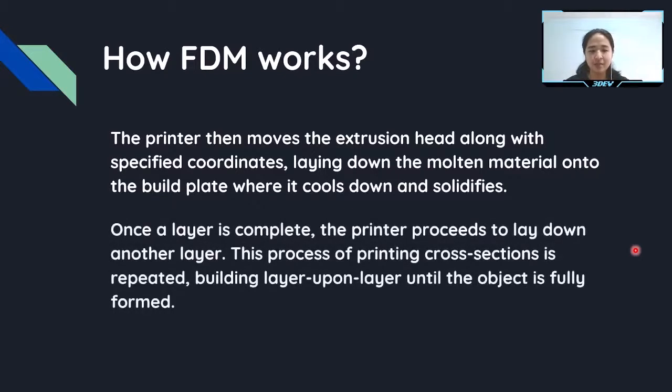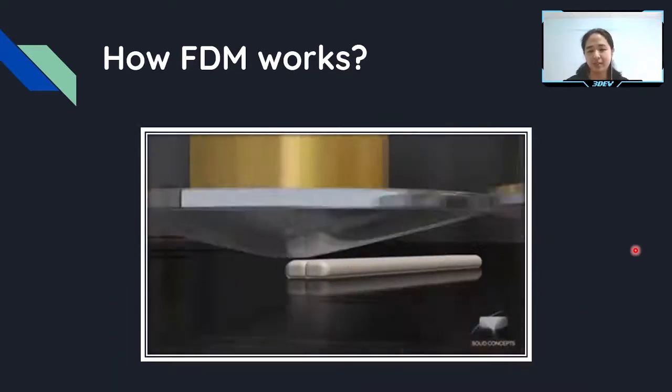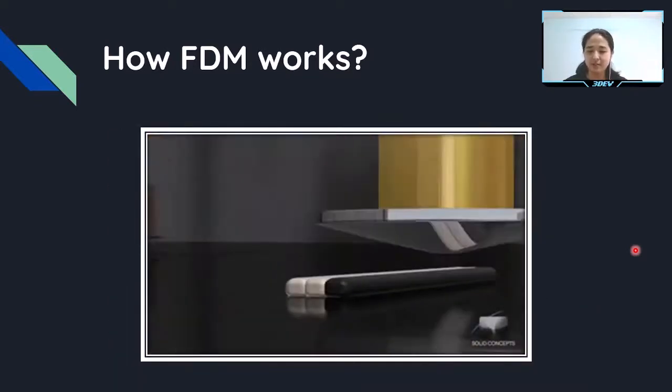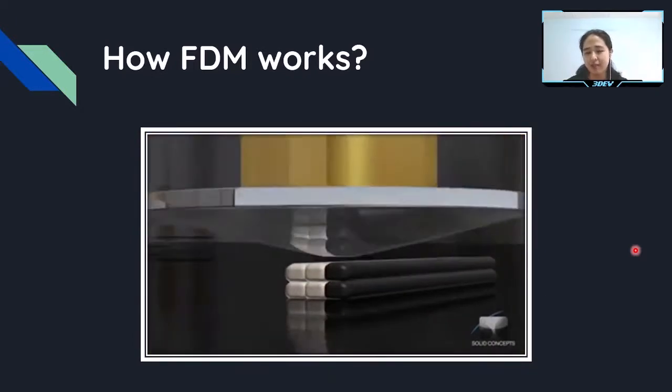Once one layer is complete, it will continue, building layer upon layer until your object is fully formed. Basically it is like this picture that you can see here. So it's building layer by layer.